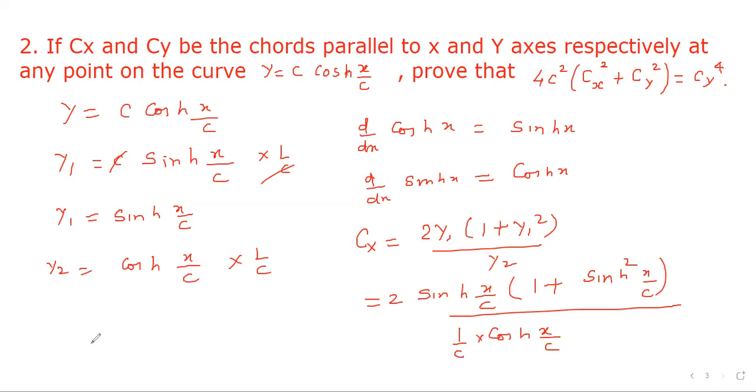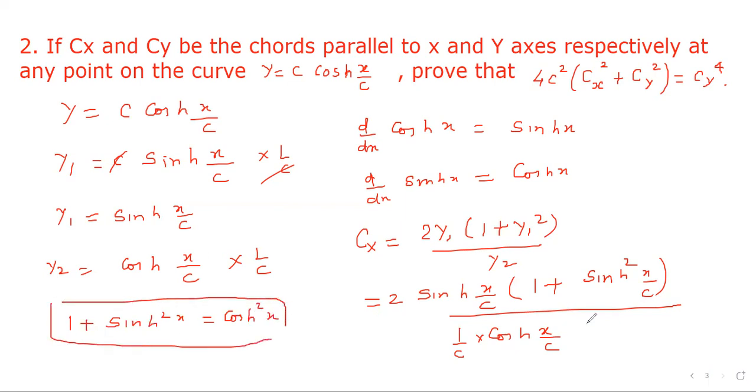And we know that 1 plus sine hyperbolic square x is cos hyperbolic square x. From here, we can write this term as cos hyperbolic square, and one cos hyperbolic x will cancel out.